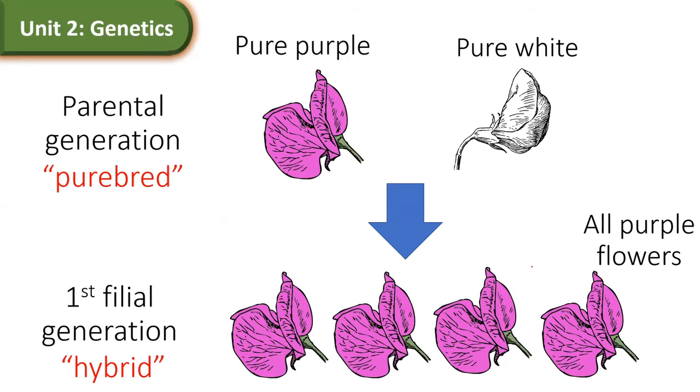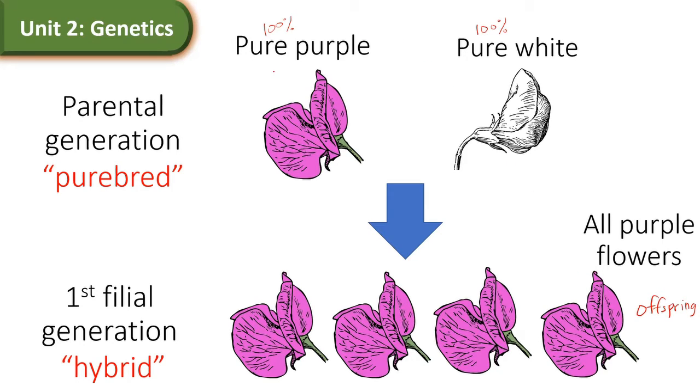So let's use the experiment of Mendel to describe this purebred and hybrid. In your parental generation, Mendel used the pure purple flower, meaning this is 100% purple, and pure white, which is also another 100% white, in order for Mendel to know what are the offspring of these flowers.